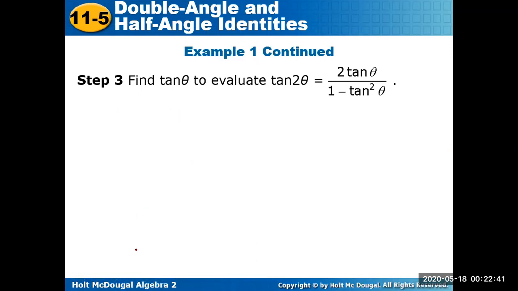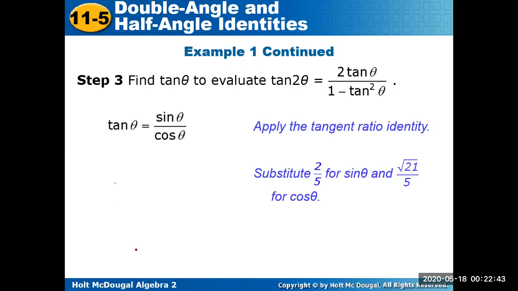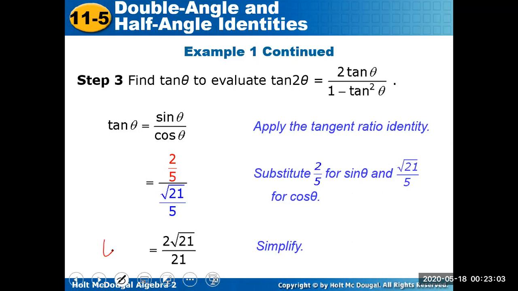Here they did rationalization of the denominator, that's why they changed 2 over root 21 to 2 root 21 over 21. Now once I have the value of tan theta, I can just substitute it into the tan 2 theta formula, which is 2 tan theta divided by 1 minus tan square theta.